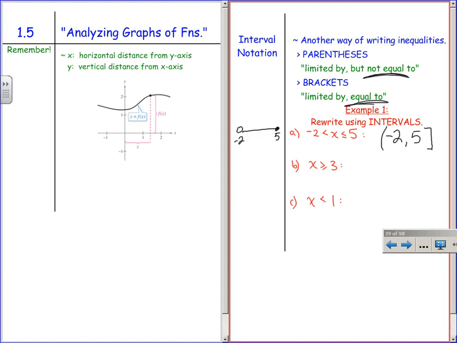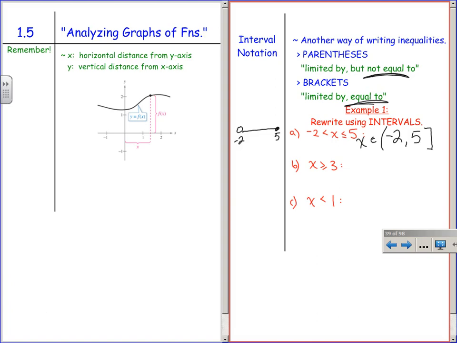Technically you don't know if it's an x or a y or an a or a b unless you put a little variable with a little e: x is an element of, x is within. But -2 is the left boundary, 5 is the right boundary. Not allowed to be equal to -2, equal to 5.